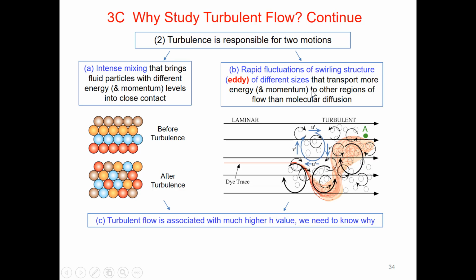This rapid fluctuation will carry more energy and momentum to different regions of the flow. Therefore, due to these two motions, turbulent flow is associated with a much higher heat transfer coefficient h value. And we want to know why. So that's the two main reasons we want to study turbulent flow.